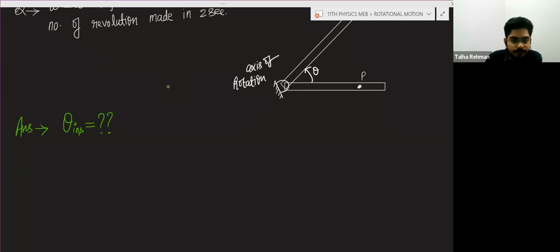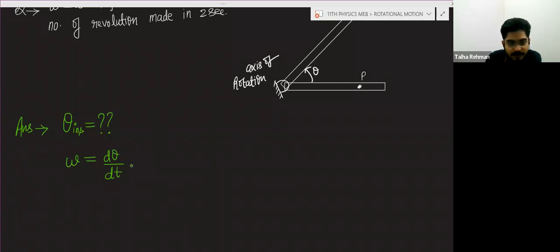We know that omega is equal to d theta by dt. Instantaneous angular velocity is equal to d theta by dt.